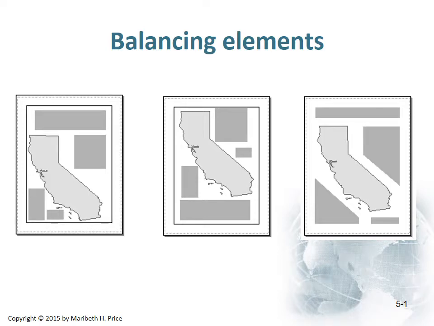So related to the last slide, thinking about negative space and map balance and map elements, comes this idea of, well, where do we put the different map elements, and are there different ways we can configure them to use the map space well? And we see three different examples here given California.